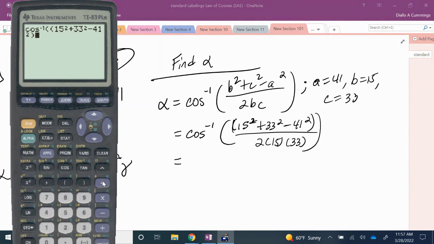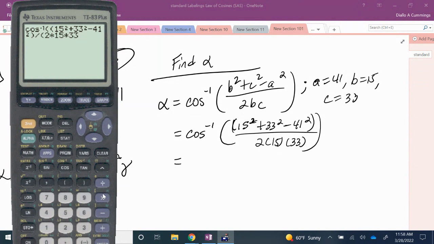Next I hit divided by, and open a set of parentheses for the denominator: 2 times 15 times 33.